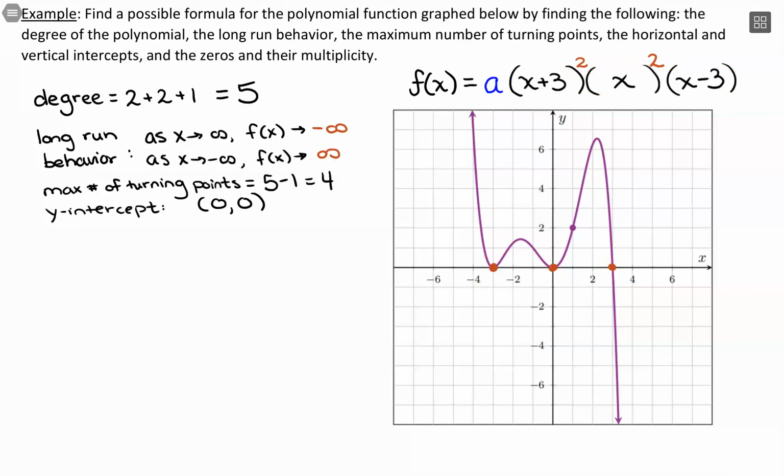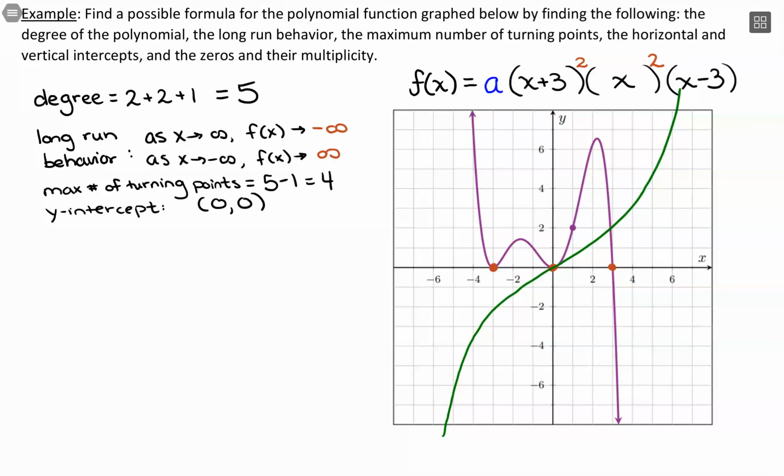Sorry, I just know this video is getting kind of long, and I want to jump ahead to us finishing the formula by finding a. Now, something I want us to notice before we even find a is that typically these odd degree functions go like this. They typically start at negative infinity and then go off to positive infinity.